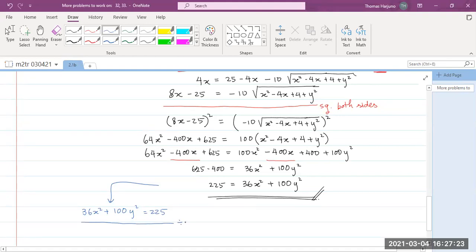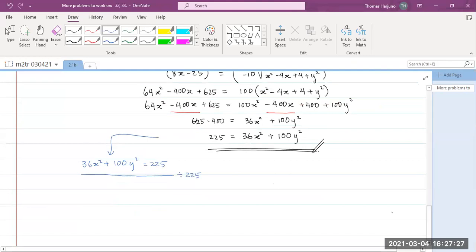So I divide by 225. Now the equation becomes x squared over 225 over 36 plus y squared over 225 over 100 equals to 1.